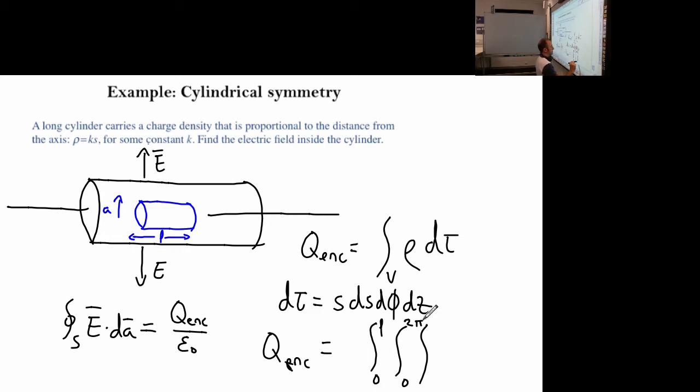And for s, it's between 0 and A. Rho is given by Ks, so we have Ks times s ds d phi dz. We just need to work out that integral to find the total charge enclosed.